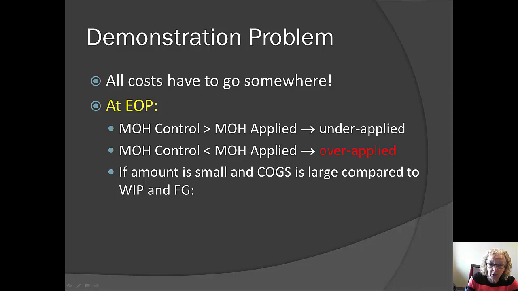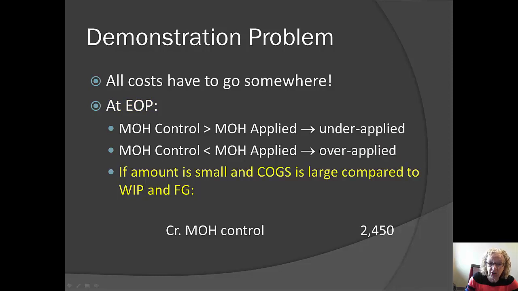If the amount of the over-applied or under-applied overhead is small and cost of goods sold is large, many firms choose to make the adjustment for over-applied or under-applied overhead directly to cost of goods sold.